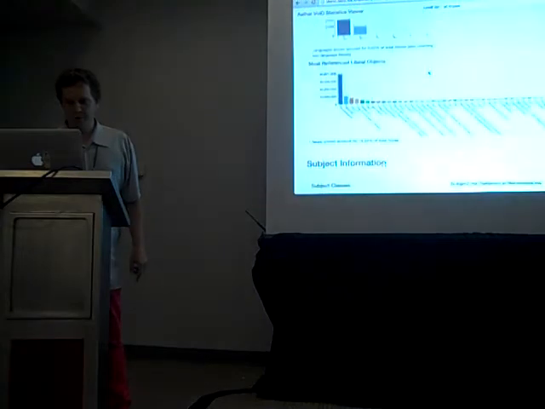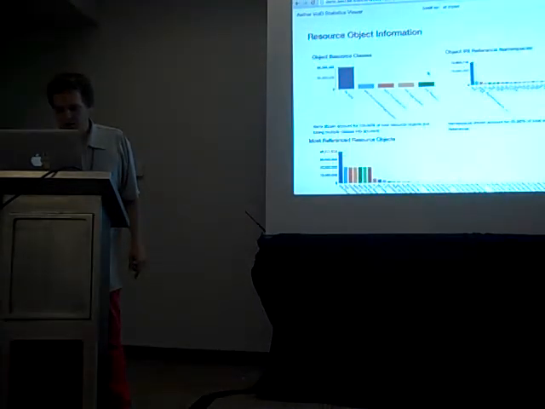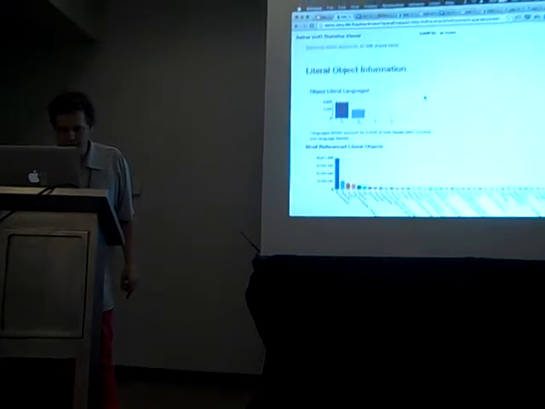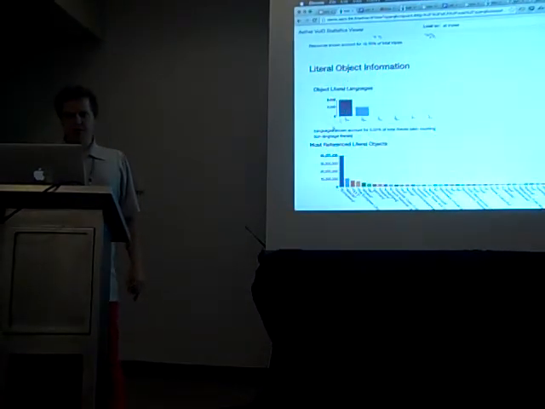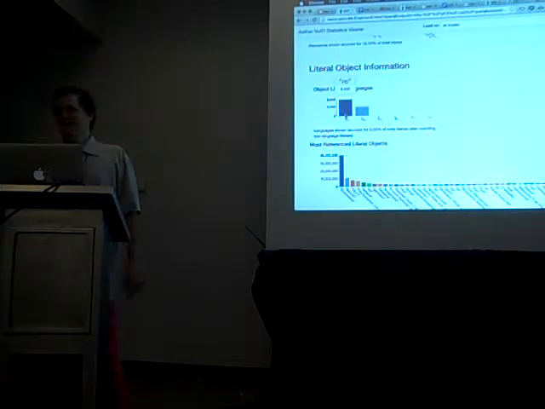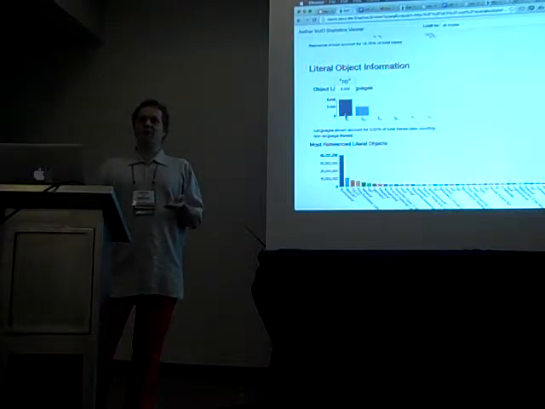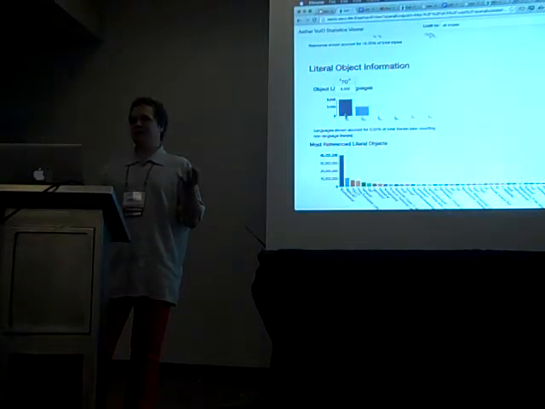And they're not very good at that. Other problems in the dataset are, for example, that apparently most of Europeana is in Romanian. But that's not actually the fact. The fact is that they're not very good at language tagging their literals.